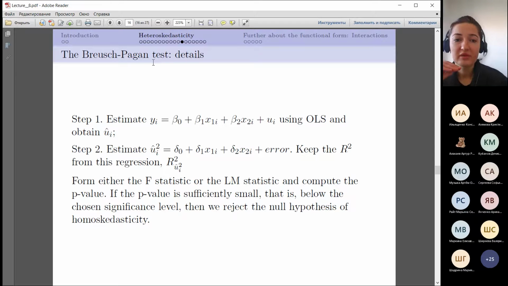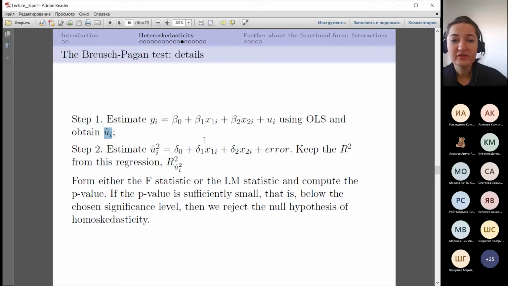In the first step, you run the model by the ordinary least squares approach as usual. From this model, you obtain the residuals. Here you can find this.